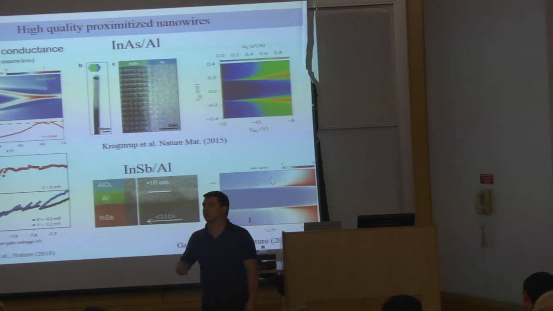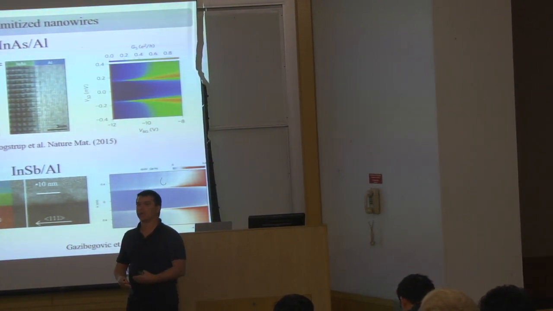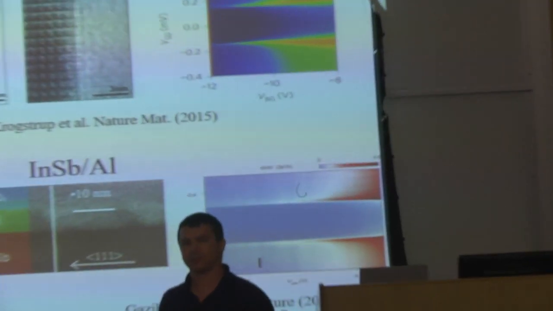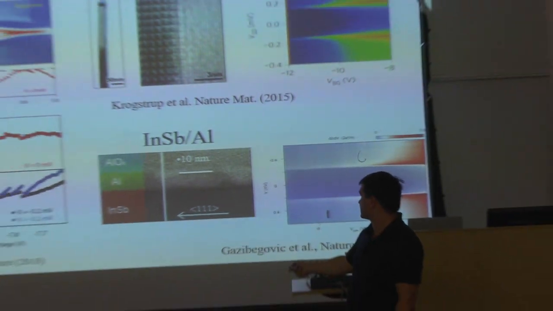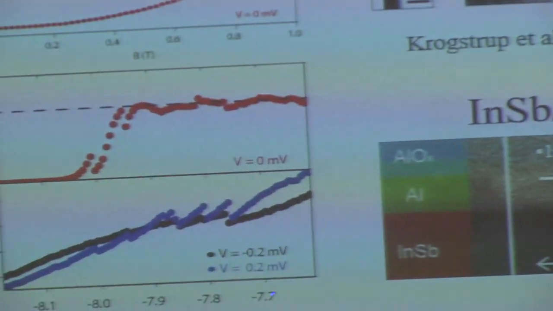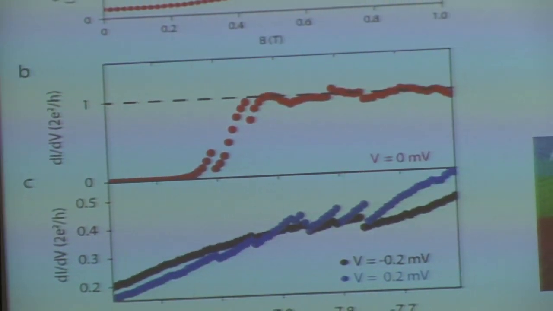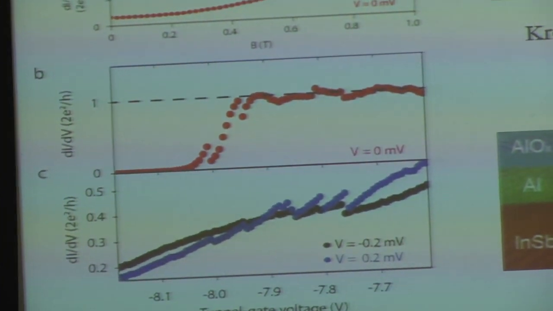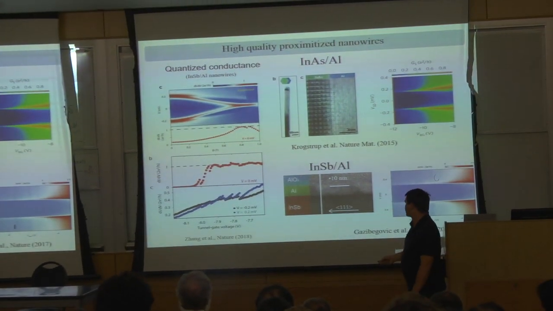And there is a test that one can do, because I told you that this peak is robust with respect to change in the tunnel barrier due to this resonant Andreev reflection. So what you can do, you can basically change the barrier, and this is done here. So you change the tunnel gate voltage, which changes the barrier height, and then you look at the change in the conductance above the gap at finite bias, and you look at the change of the conductance at zero bias, which probes the presence of the zero energy state.